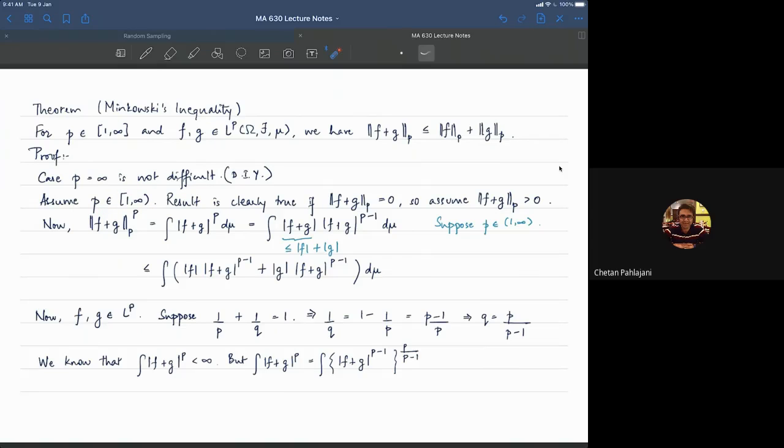Now, the first statement is that if the left side is 0, then the inequality is clearly true because both sides are non-negative. So assume that the p-norm of f plus g is greater than 0. Now what I'll do is take the p-norm of f plus g to the pth power, and as I go along here, let me move this a little bit.